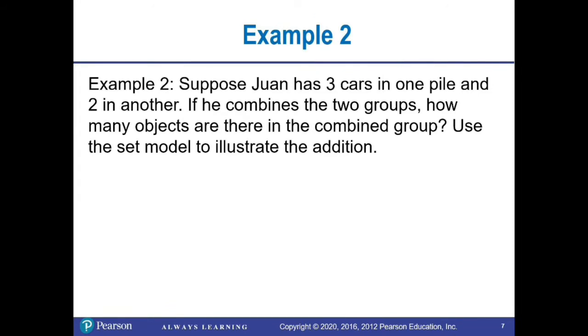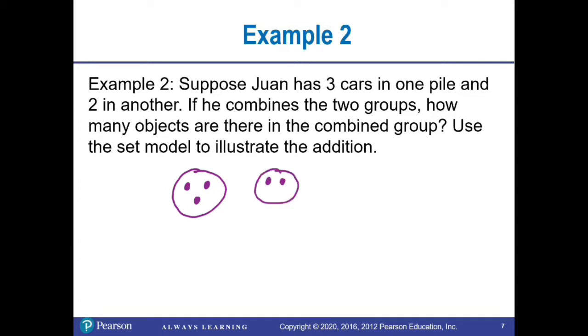In our next example, Juan has 3 cars in one pile and 2 cars in another. If he combines the 2 groups, the 2 piles, how many objects are there in the combined group? I'll use dots to represent our cars here. So Juan has 3 cars in our first pile.